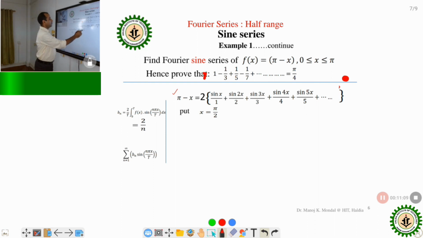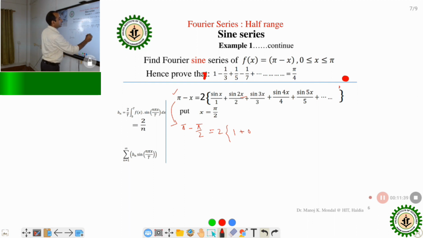Now, if I put x equal to pi by 2 on both sides, then what do we have? Pi minus pi by 2 equals 2 into this series. When we put x equal to pi by 2, sine pi by 2 equals 1. Next, plus sine 2 pi by 2, that means sine pi, equals 0.